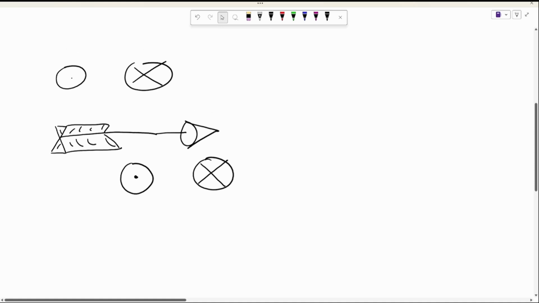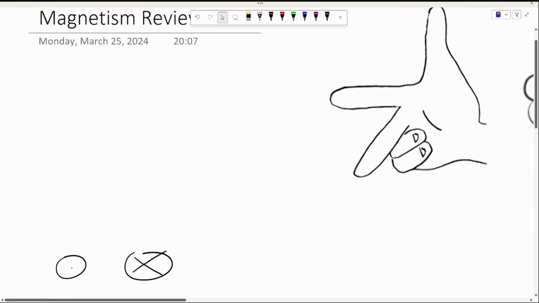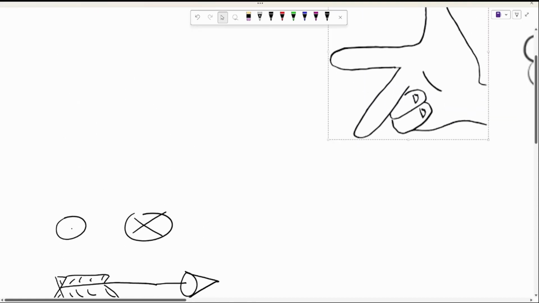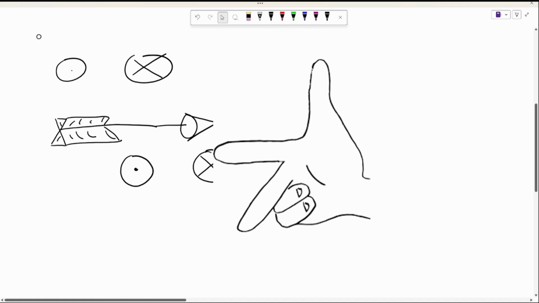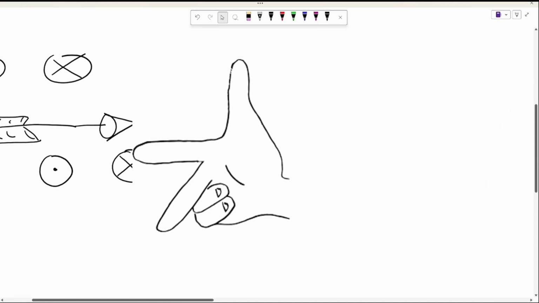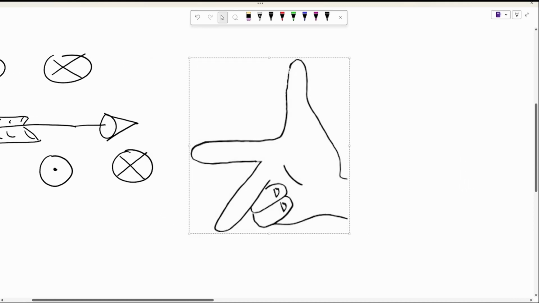Alright. Then we have the right-hand rule, first right-hand rule of many. So let me just take one of these. Alright, so this is the right-hand rule. You hold your index finger and your thumb in a finger gun pose, and those can never ever move.